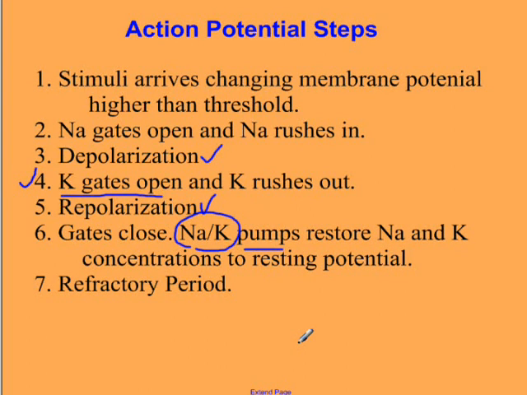So if the sodium is inside the cell, how are we going to get it outside? How are you going to get it to move against its concentration gradient? The only way you can do that is to have pumps kick in to pump it using ATP back to where it began. So let's go to the last part of our picture here. Last part is, how do we get back up here? Let's use this color over here.